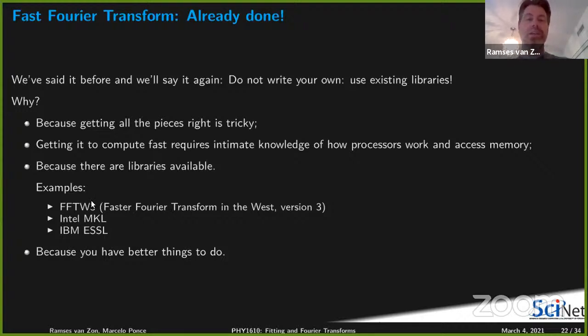But a lot of the math libraries that chip vendors bring out, like the Intel MKL library or the IBM ESSL, have their own versions, which are often faster on their own architecture. And in fact, I think you can get the Intel Math Kernel Library now for free, so you could use that too. It works a little differently in the interface, but it does offer fast Fourier transforms.